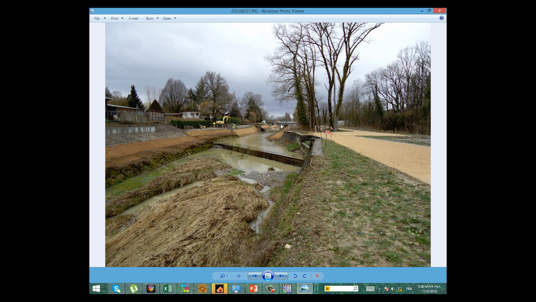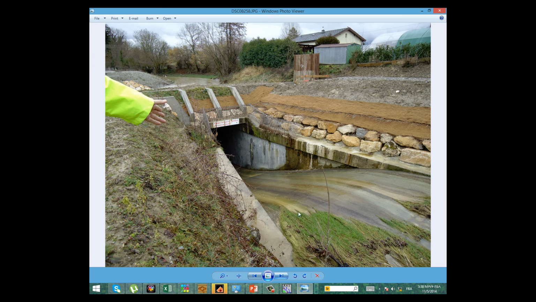I think they have done this was the old natural river channel, but they diverted it artificially. They created another channel so that it will be good for them to make another tunnel. I think this one is the tunnel itself.